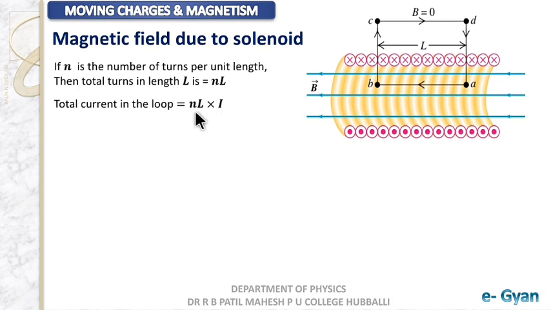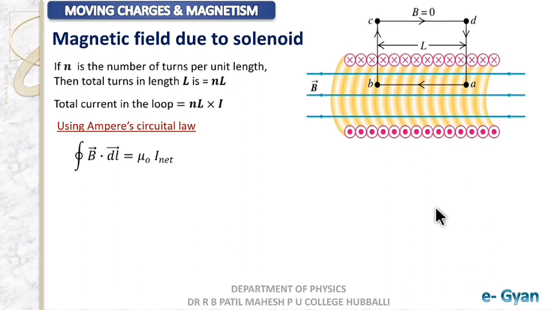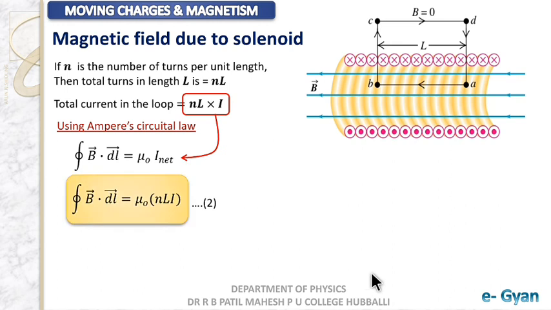If you multiply, you will get the total current flowing in this Ampere loop. Further, taking this into Ampere's circuital law, we can substitute I net as nL into I. Substituting that, we shall get the RHS to be mu naught nLI. I shall call this equation 2, and equation 1 we have like this.